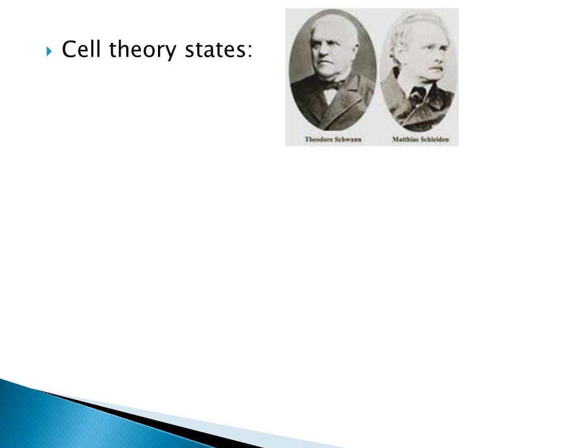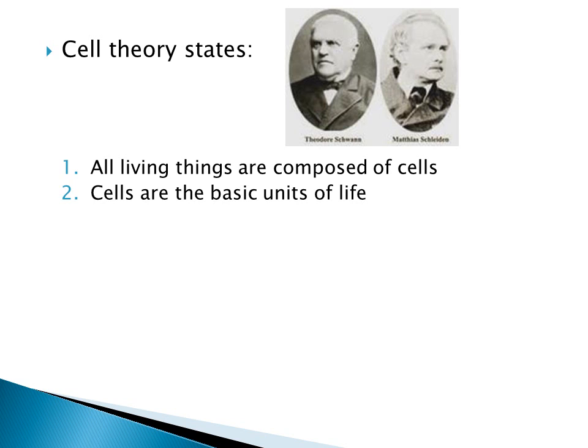As we look at cells, we remember the ideas of the cell theory proposed by Schleiden and Schwann. The cell theory basically states that all living things are made up of cells. Every living thing that we've looked at, from paramecium to humans to plants to fungi, is composed of cells. Some are single cells, some are many cells, but cells are the basic units of life.